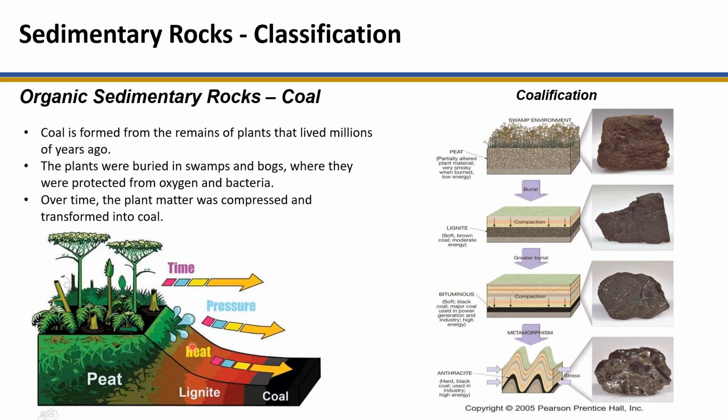This prevents the plant matter from decomposing and allows it to accumulate over time. And lastly, it needs pressure and heat over time. The buried plant matter is subjected to pressure and heat, which causes the plant to break down and form coal from the peat.